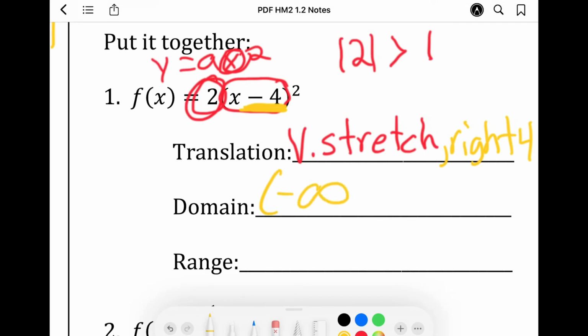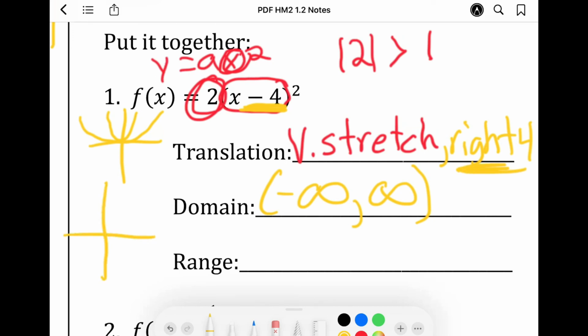So what is our domain? Domain always, because we weren't given any restrictions. And our range. So that stretch or compress is not going to change our range. It just depends on it being skinnier or wider. Our range does not get affected. But if we do move left to right, does that affect our range?